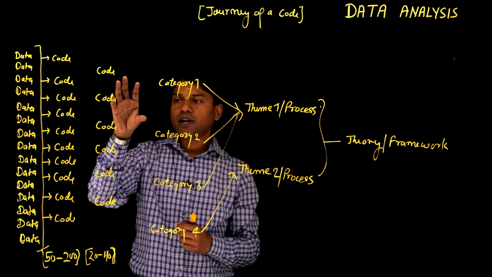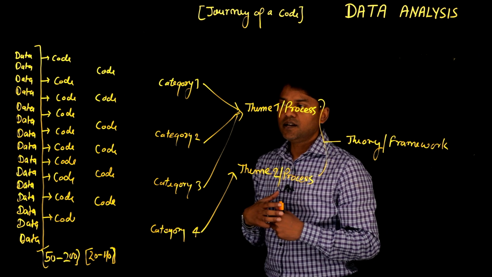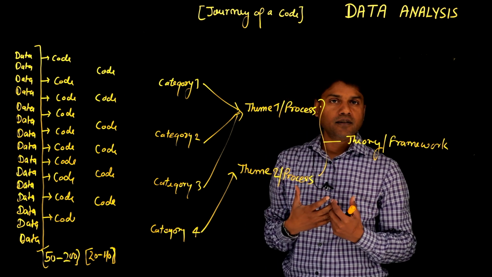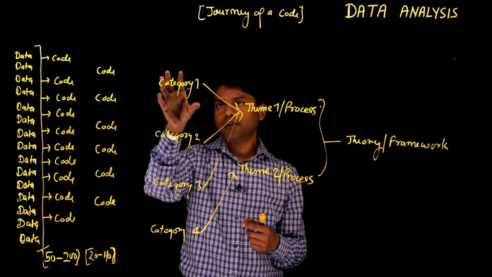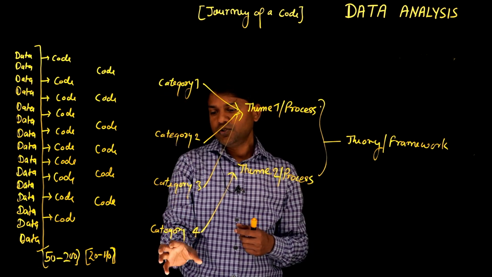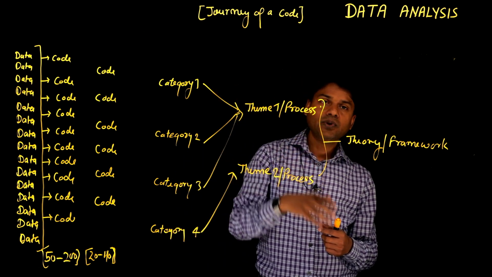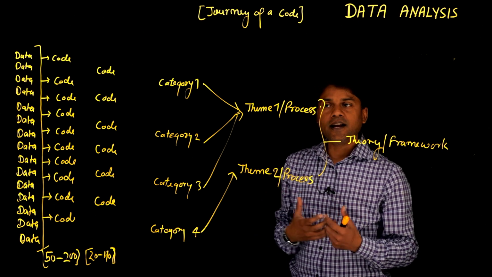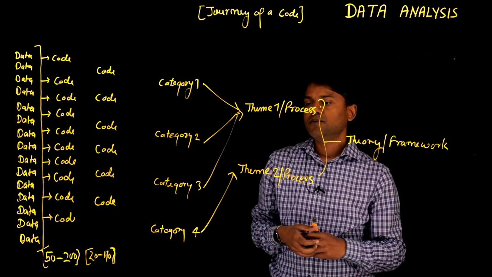And then you look at these broader codes and see how they are related, how they are explaining the phenomena. And then you come up with broader categories. So here you see 4 categories. And categories lead to understanding and analyzing the themes which are emerging from the data.